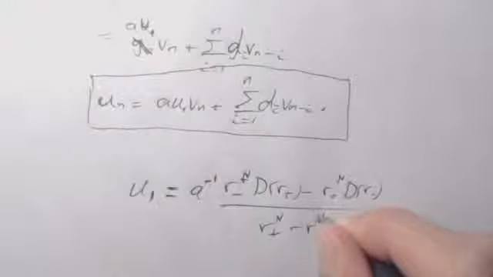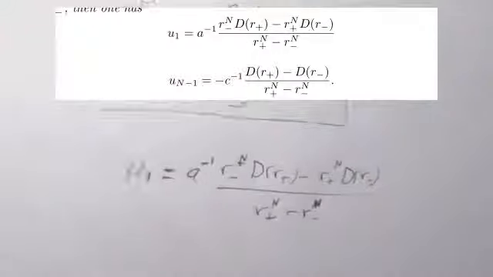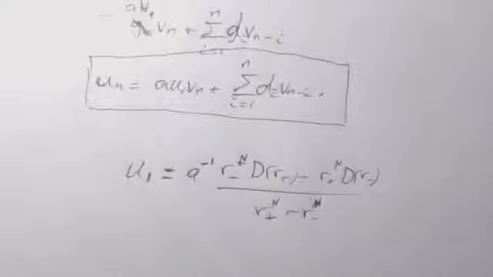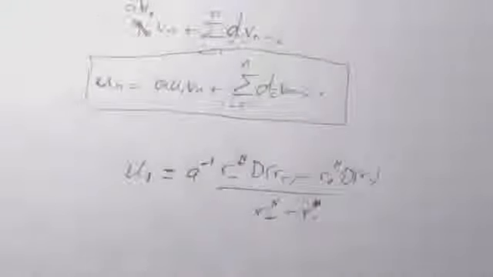I think that's right, though I could possibly have a sign error. Let me check. A minus r minus to the n. Yeah, that's right. So this was our u1 here.